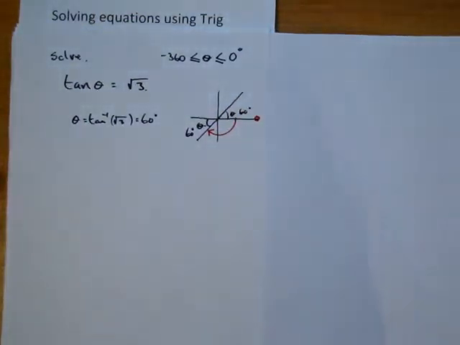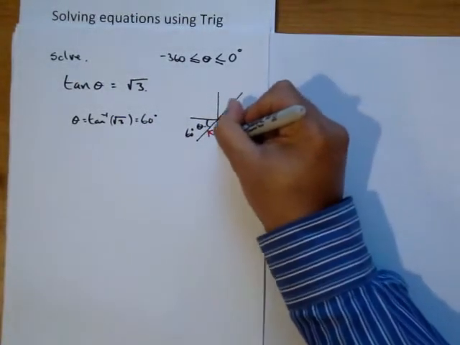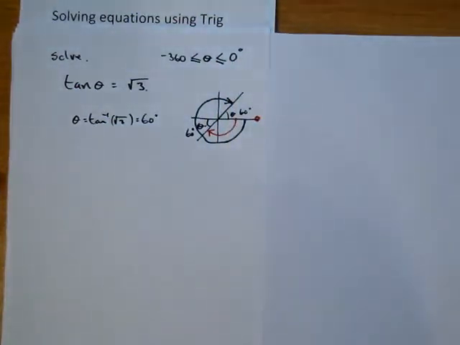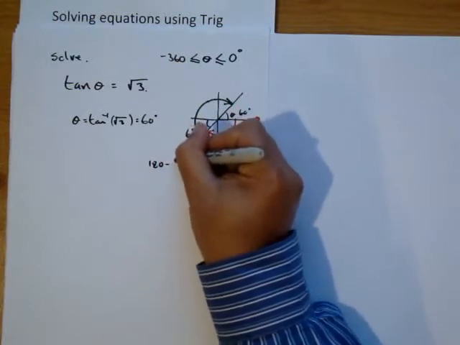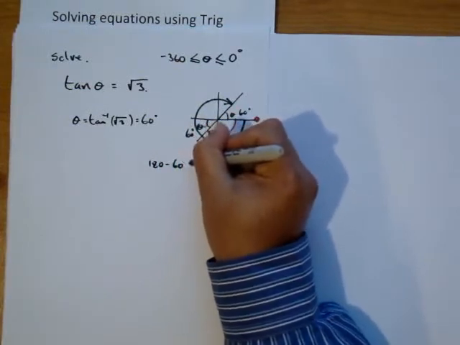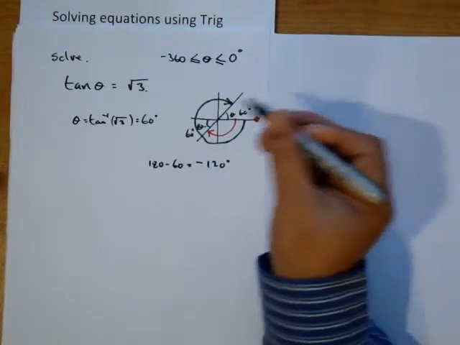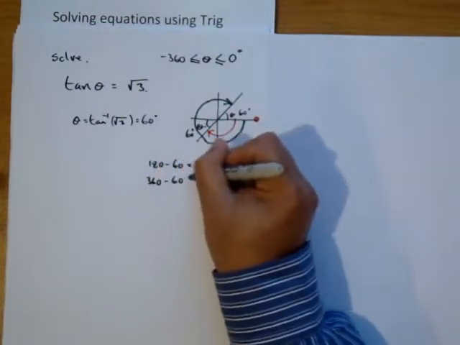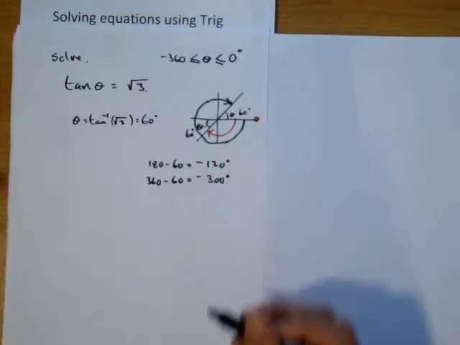Another solution would be from 0 again, going round the circle to here. So the solution is 180 minus 60 degrees, which is minus 120 degrees, and then for the green, 360 minus 60, which is minus 300 degrees.